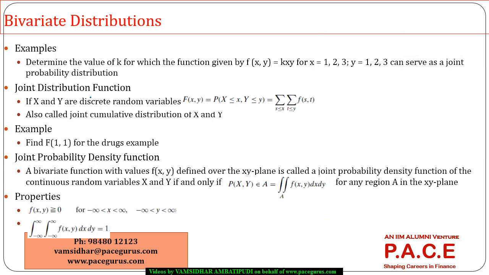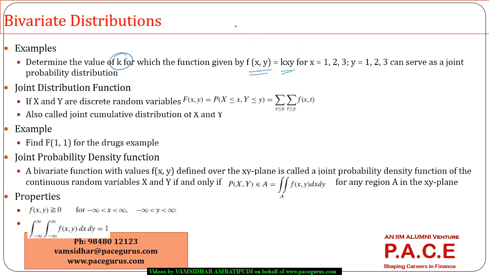So again, a quick example with the usage of that specific concept. Determine the value of k for which the function given by f of x, y equal to kxy, where x is 1, 2, 3 and y is 1, 2, 3, can serve as a joint probability distribution function. So f of x comma y is kxy.